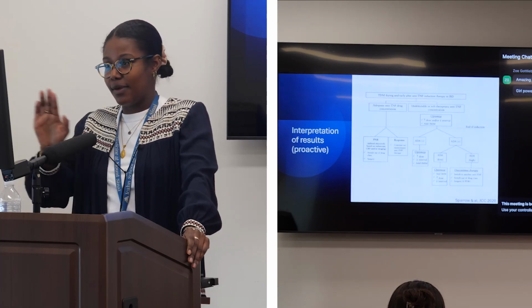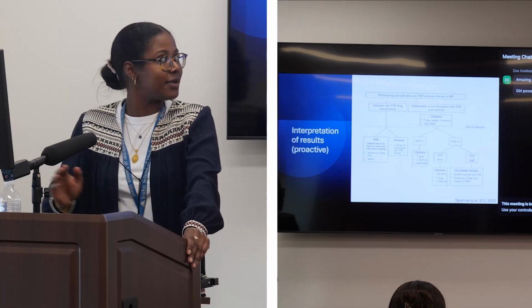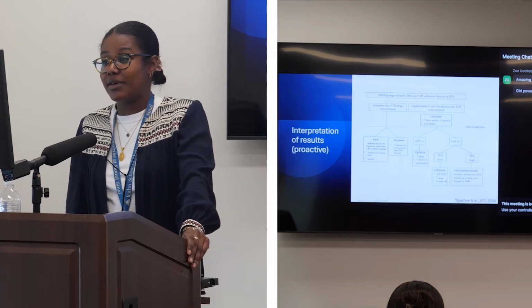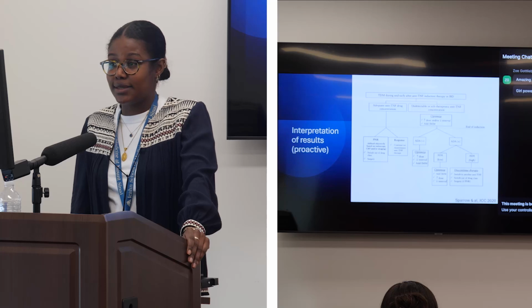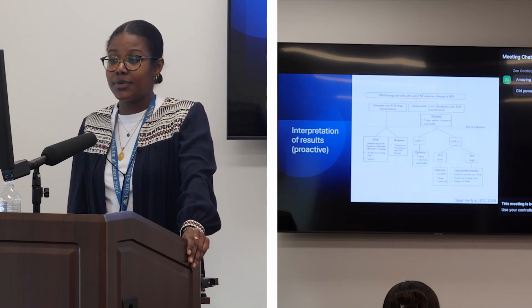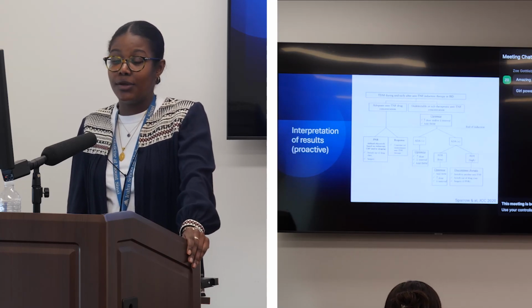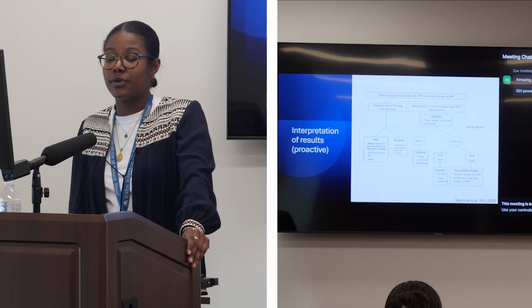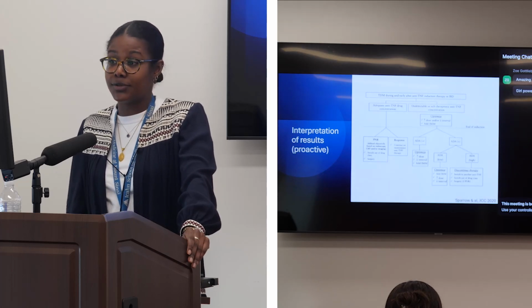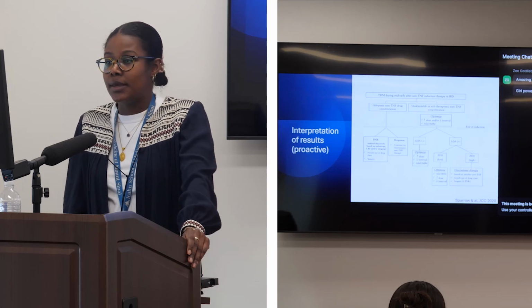Looking at the other side of the graph, the right side, if you have undetectable or subtherapeutic anti-TNF concentrations, you can optimize the medication by increasing the dose or reducing the interval. You could also add an immunomodulator to the medication the patient is using.